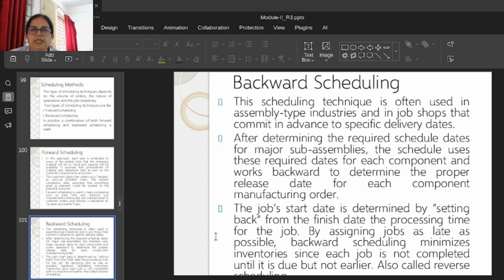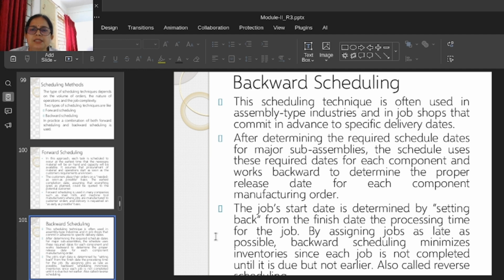Backward scheduling normally happens in the case of customized products. We calculate backward how much time we need for assembling the parts, how much time we need for the procurement of the material, and for sub-assembling the products or parts.